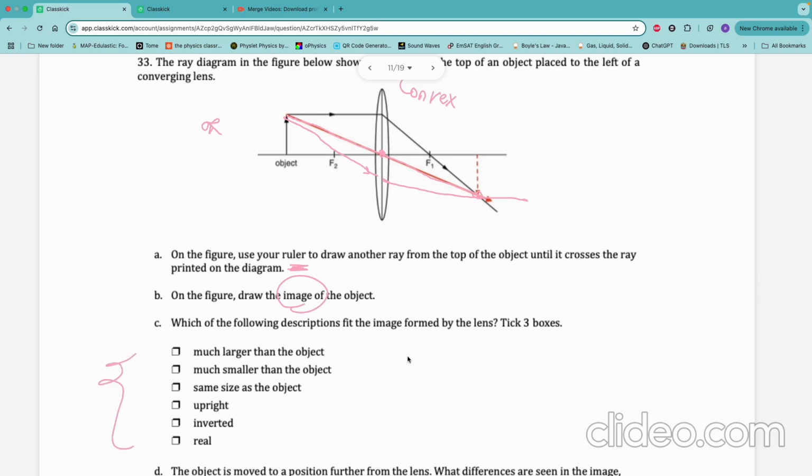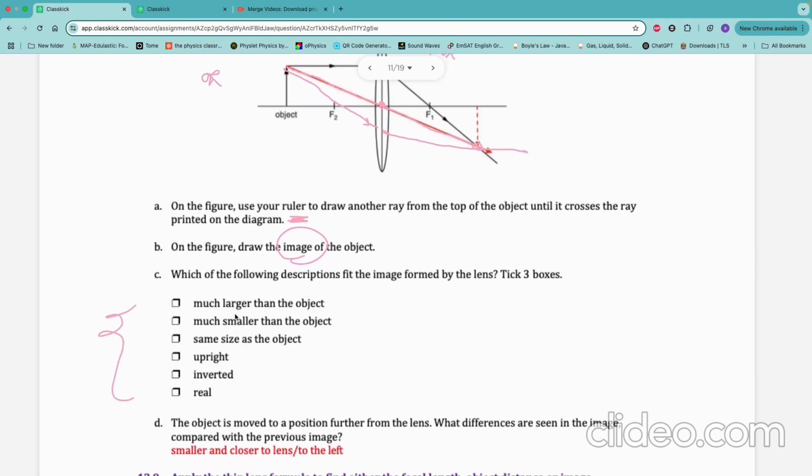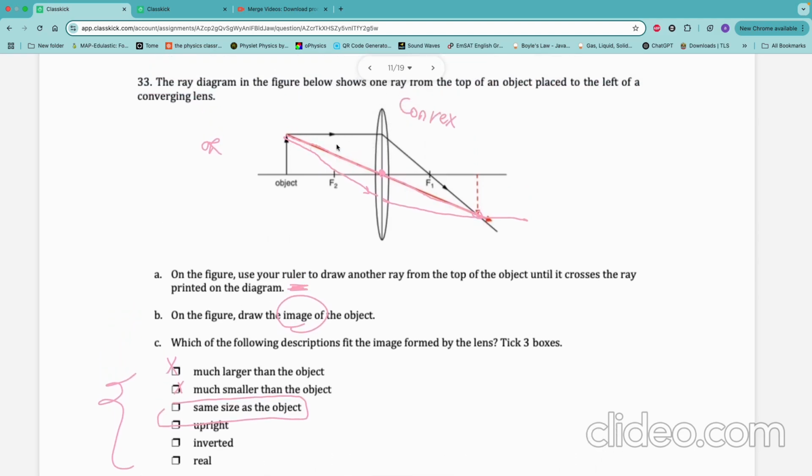Here describe the properties. Which of these properties will be correct? Much larger than the object? No, it's not. Much smaller? No, same in size. Yes. Of course, as I used to tell you, before going to answer a question, you have to predict your answer.